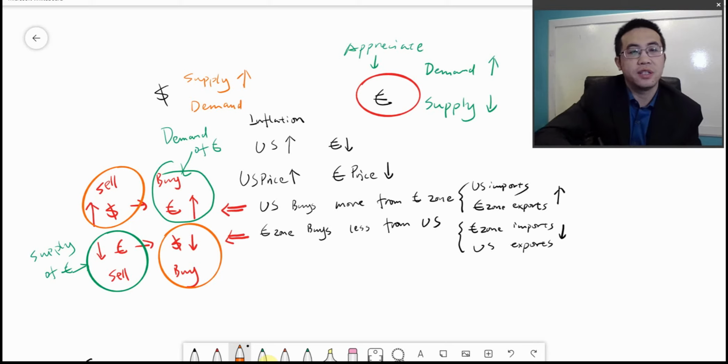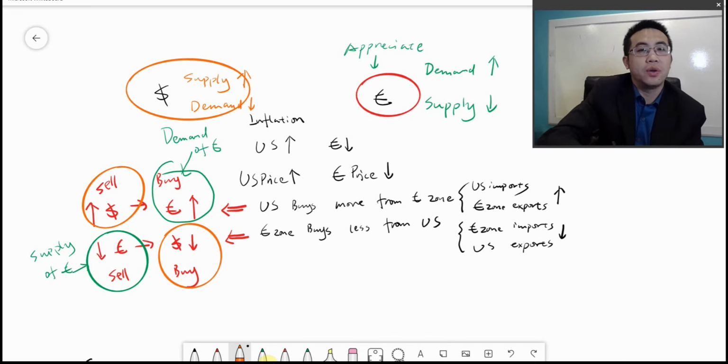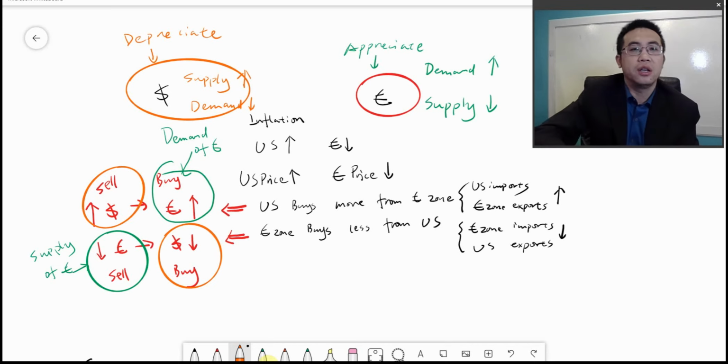Each of these effects would push the dollar value down in terms of euros. So the overall result here is that the dollar depreciates. As I said earlier, if a country has higher inflation, then its own currency would depreciate.